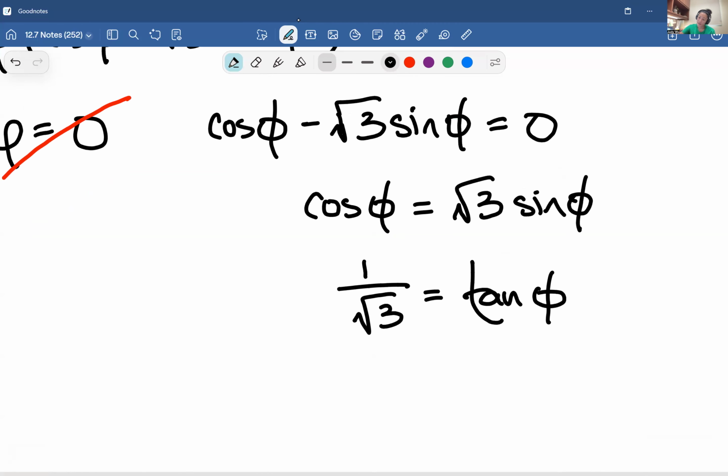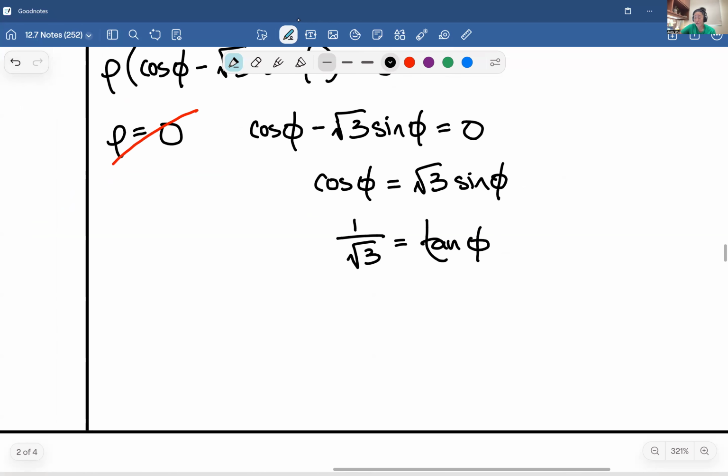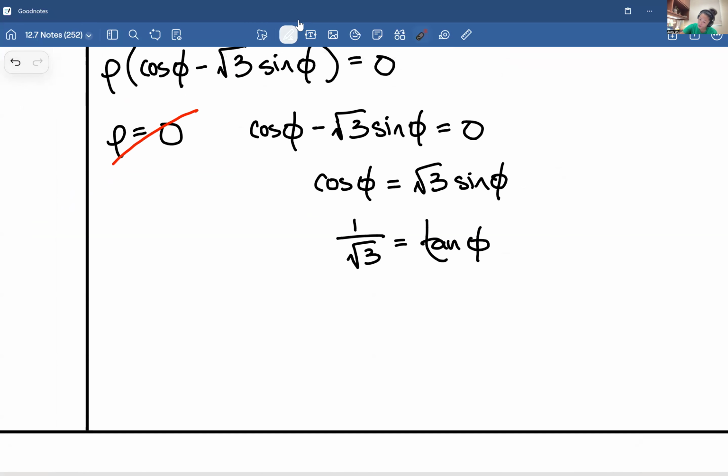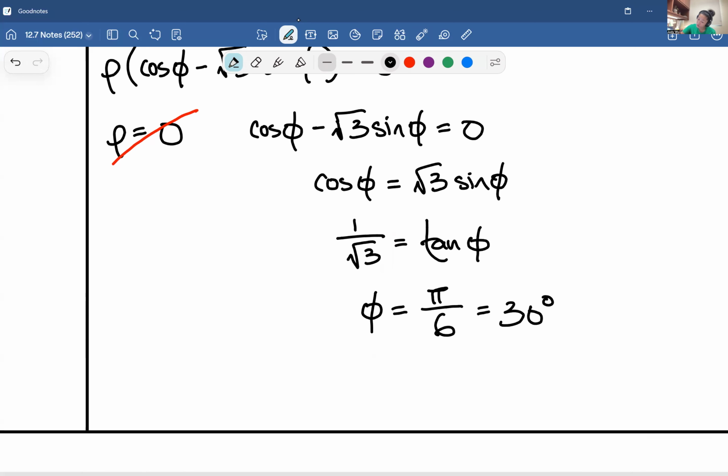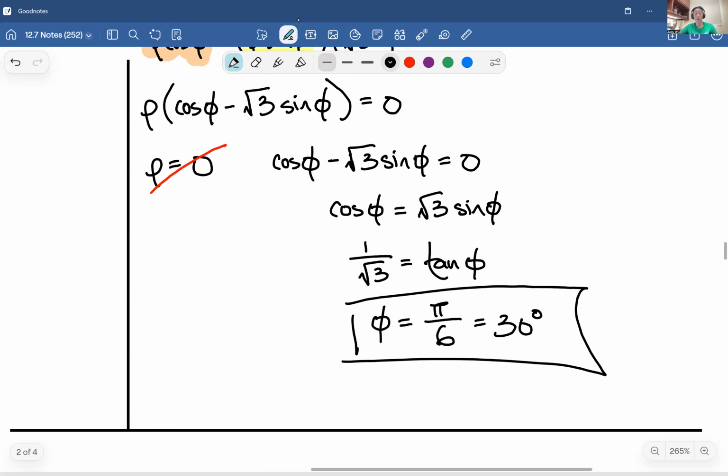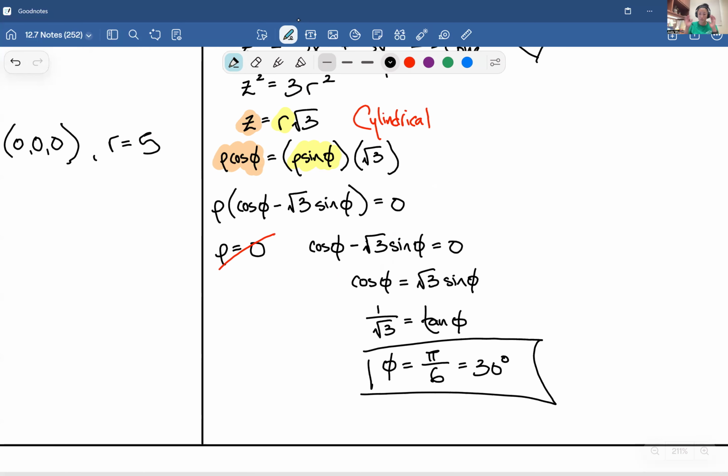Now this is a very nice trig unit circle value. Where does the opposite over the adjacent equal 1 over root 3? We do a little bit of work, and that should be pi over 6. Or we could envision it as 30 degrees, because those two are equivalent, right? So depending on how much we want to be able to visualize this.